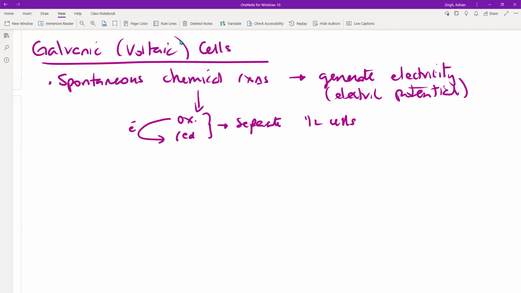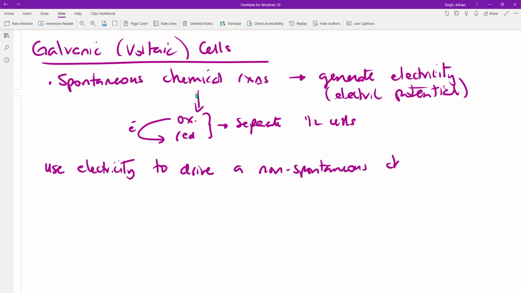Now, what we're going to be taking a look at now is something not exactly opposite, but very close to it. So when we use electricity, now we're going to be applying a voltage or a current, to be more specific, or electrical energy to drive a non-spontaneous process or non-spontaneous chemical reaction.